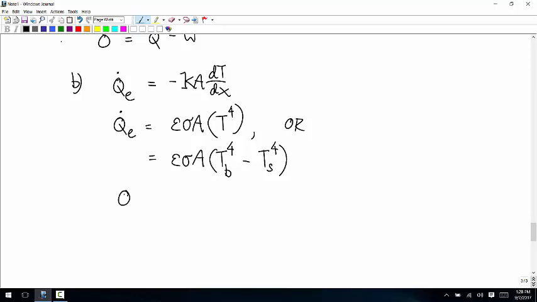And then the last one is convection: the rate of heat emitted is equal to the constant H times A times the temperature of the body minus the temperature of the surroundings.